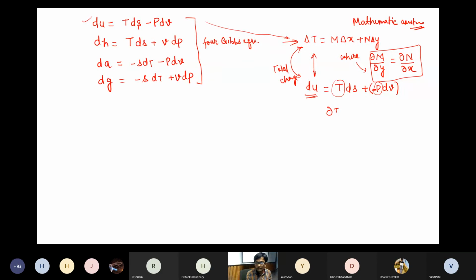So ∂M/∂y, so ∂T/∂y, where y is V. So ∂T/∂V, this was at constant x, this was at constant y, so this was at constant S, must be equal to minus ∂P/∂S at constant V. And that's it. You got your first relation. So this is your first Maxwell relation.